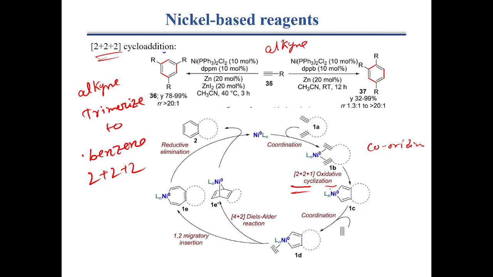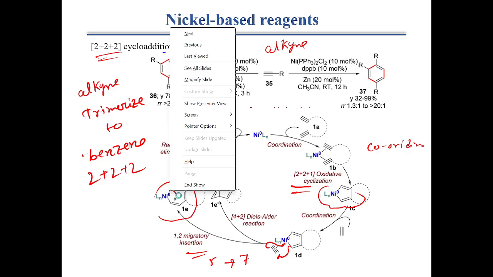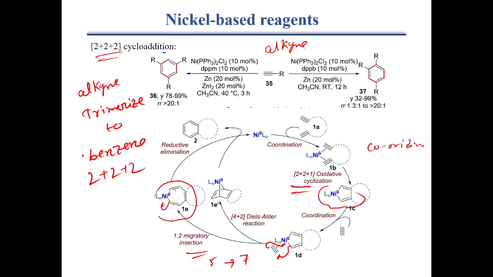Then another molecule of alkyne coordinates, and there are two possibilities: one is migratory insertion, or a 4 plus 2 type of reaction. If it is migratory insertion, this will go this way and react onto the nickel center, giving a 5 to 7-member nickelacycle. After reductive elimination, this gives the benzene ring. So this is one more possibility.